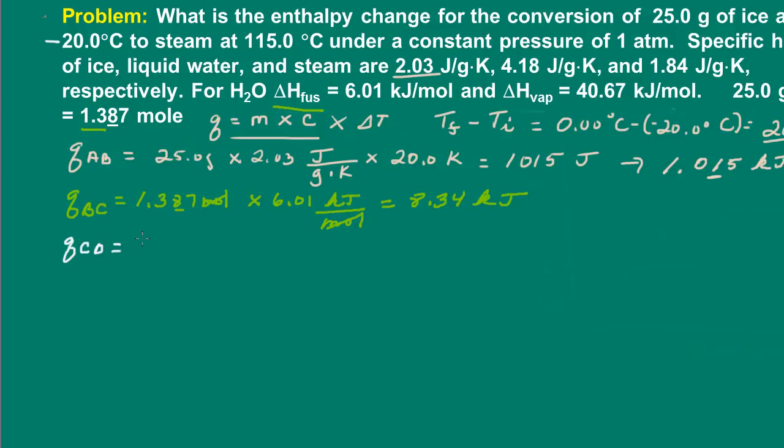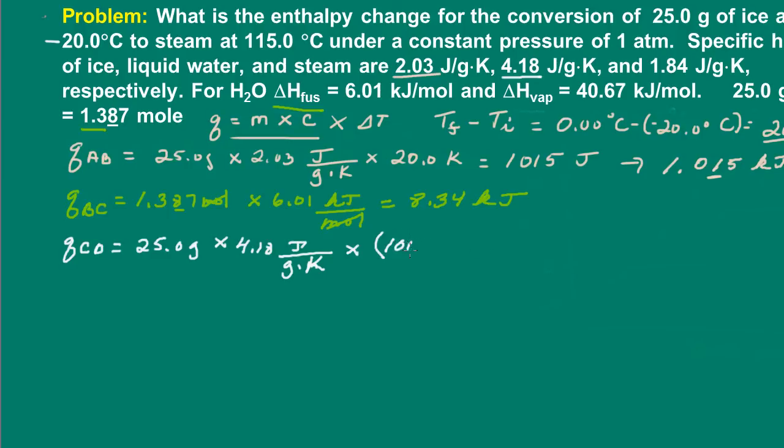So we have 25 grams. And the specific heat for liquid water is 4.18, and that's joules per gram per Kelvin. And then we have delta T. Remember, that's final temperature minus initial.